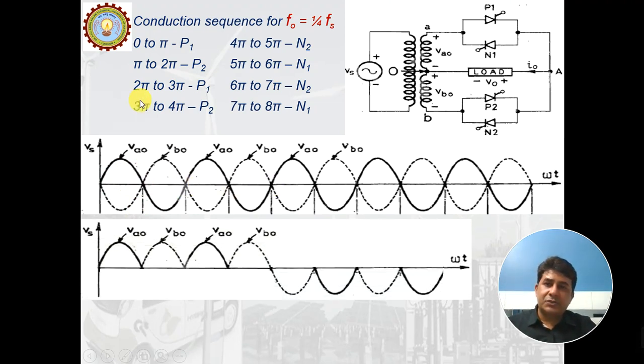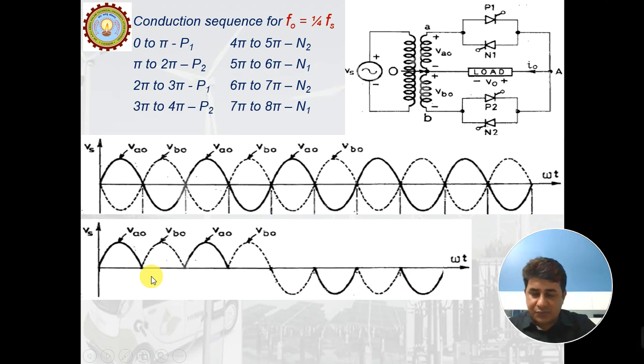So for the first 4 halves, I'll fire P1, P2, P1, P2. And then for the next 4 halves, I'll fire N2, N1, N2, N1. If I fire the devices in this fashion, for the first 4 halves I'll get a positive supply, and for the next 4 halves, a negative supply.